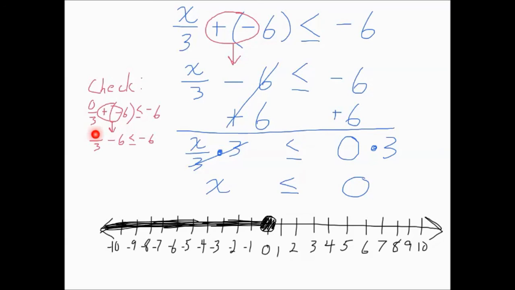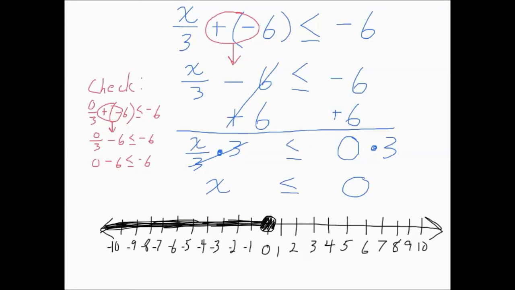Now 0 divided by 3 is just 0. So we have 0 minus 6 is less than or equal to negative 6. And of course 0 minus 6, if we start at 0 on the number line and we move 6 spaces to the left, then we get negative 6.